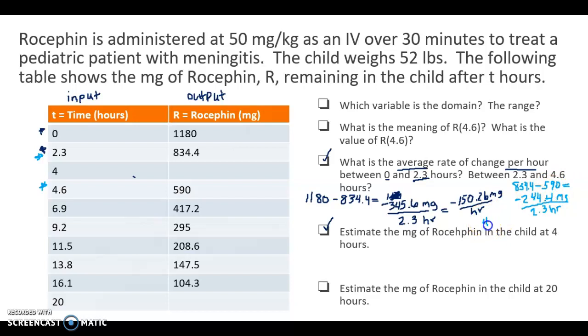So if I do the subtraction, 4.6 minus 2.3, I find that that was an interval of 2.3 hours. So once again, I am going to do this division, the negative 244.4 divided by 2.3, and I find that now the child is dropping an average of 106.26 milligrams per hour.